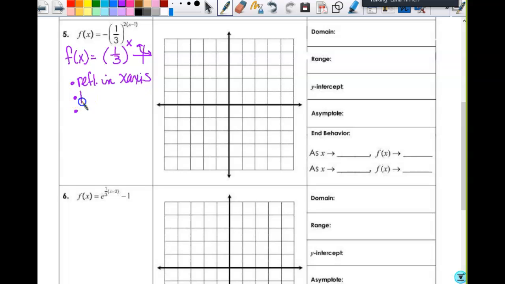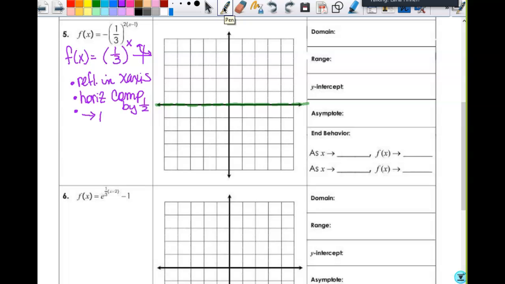That 2 means I have a horizontal compression by 1/2. And then that 1 means I go to the right 1. So I did not have any vertical shifts, didn't go up or down any, which means my asymptote stays right there at y equals 0. Get that in there.